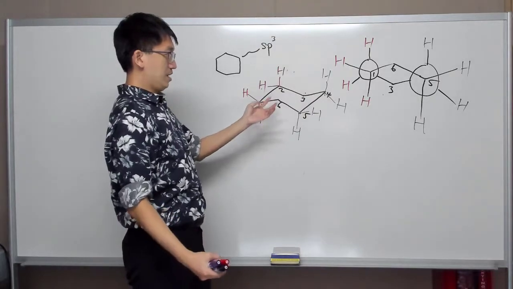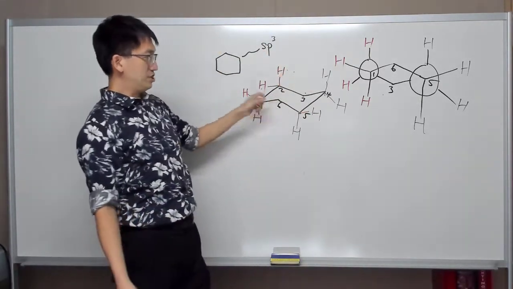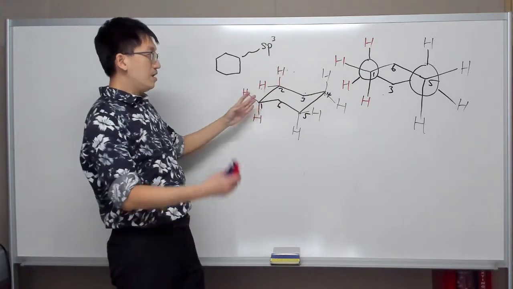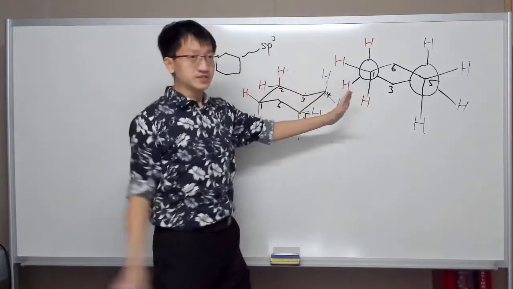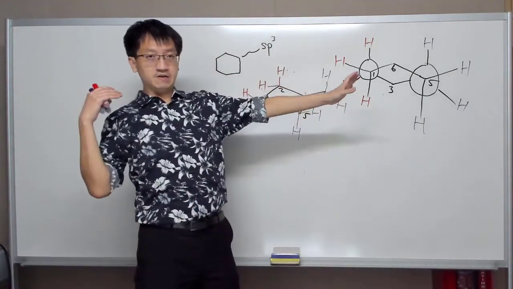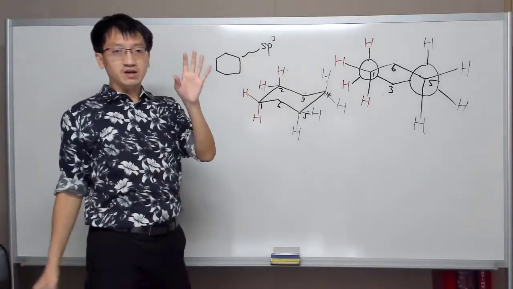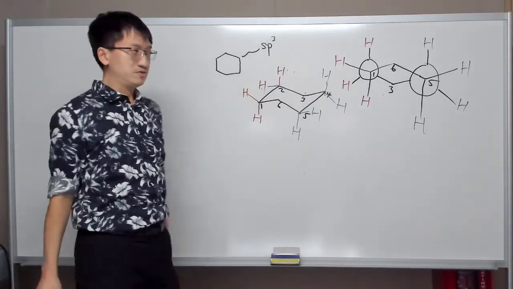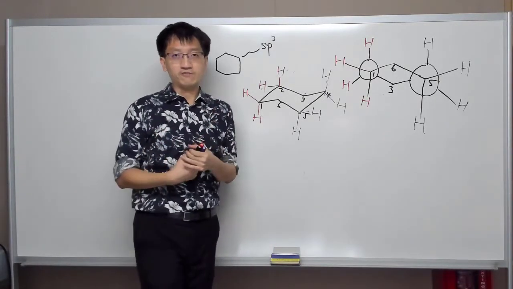If you try to recall, at the very beginning, we were trying to draw a chair conformation, and then after that, we translated over to a Newman projection. Then you'll be wondering what we are going to do next. The next thing, which quite a number of students also face a bit of challenge with, is the flipping of the chair.